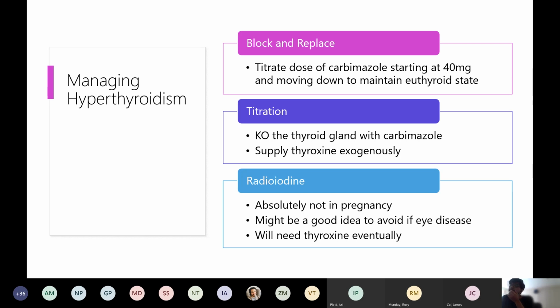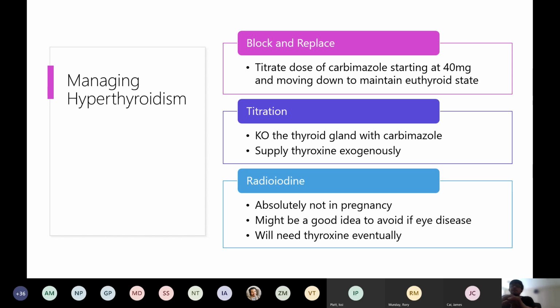Can you have clinical Graves but no TSH receptor antibodies? I'm not sure, but I imagine if the titer of the antibodies is low enough, you probably can. I'm not really sure actually.